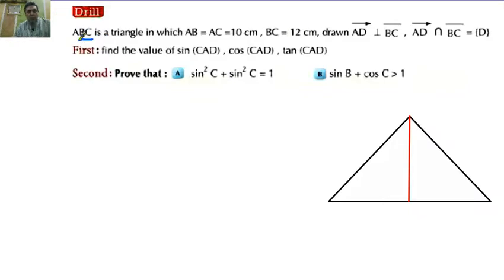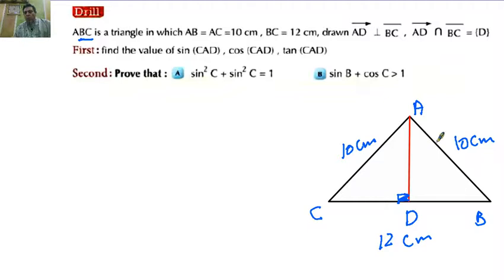Drill. ABC is a triangle where AB equals AC equals 10 centimeters, and BC equals 12 centimeters. Draw ray AD perpendicular to BC, AD intersects BC at point D. This is an isosceles triangle.